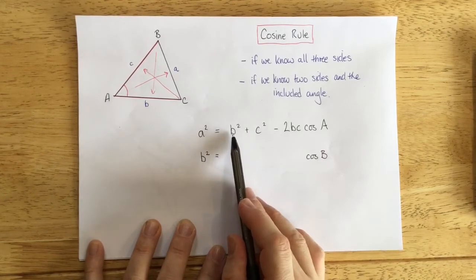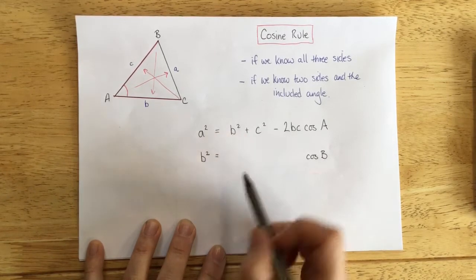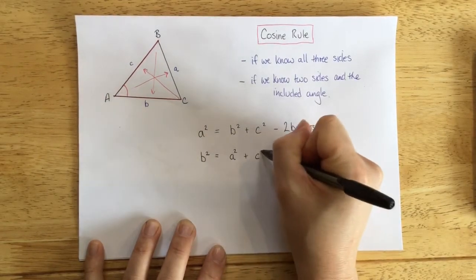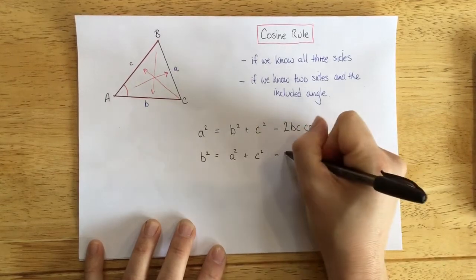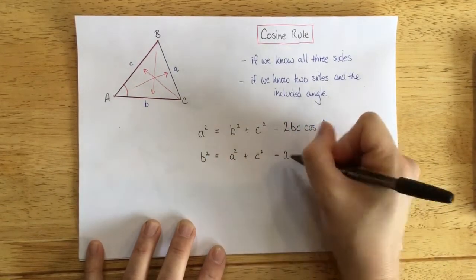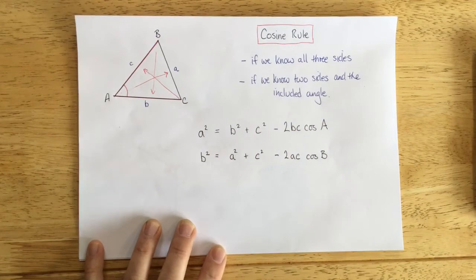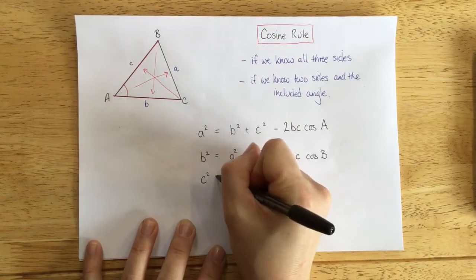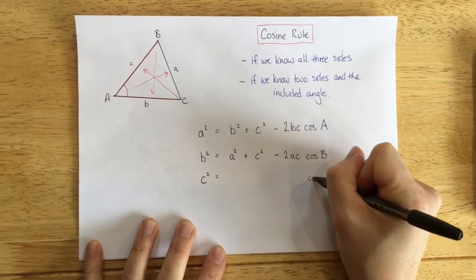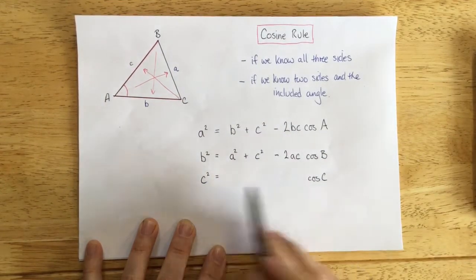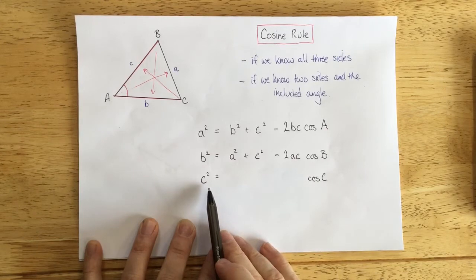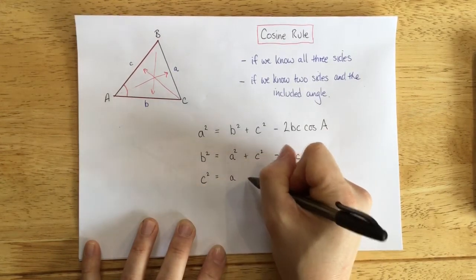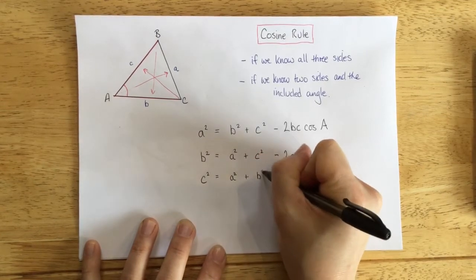What we do then is, instead of having a b and c here, what we will have is a and c. So we square a, square c, and then it's 2 times these two letters, ac cosine B. If I wanted to find side C or angle C, we'd use a cosine rule starting with c squared and ending with cos C. And the other two letters then are a and b.